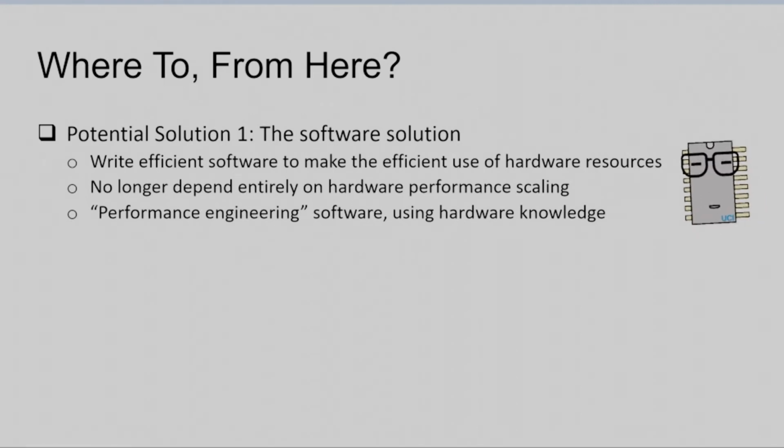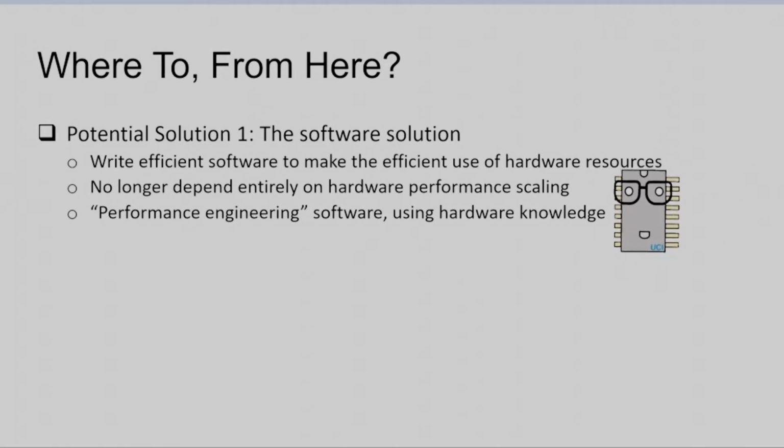So from the software programmer point of view, for the longest time, we were able to focus on programmability, we were able to focus on productivity, etc., and leave the performance scaling to the hardware. And it seems that the world has changed a little bit so that it might become necessary to no longer depend entirely on hardware performance scaling.